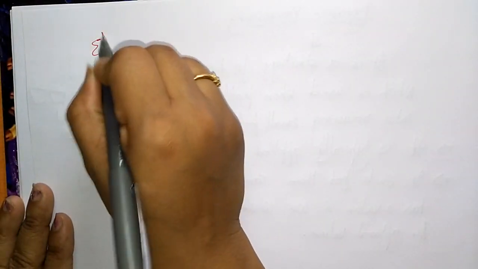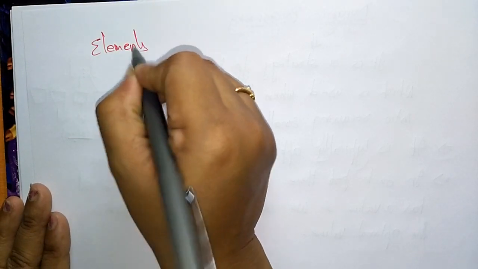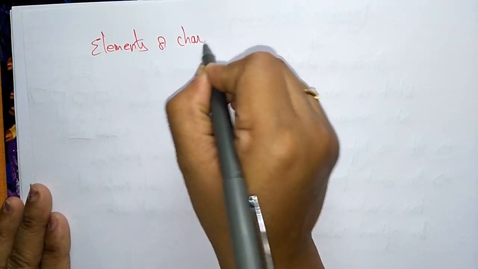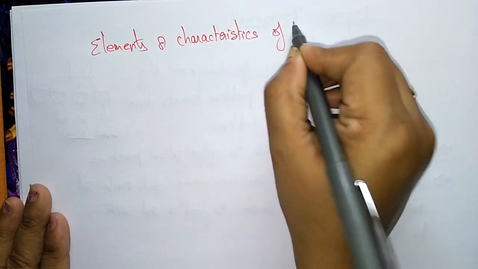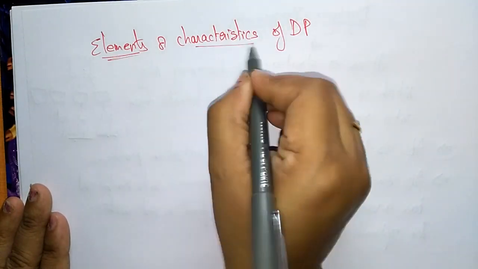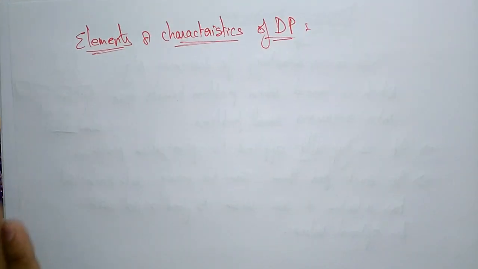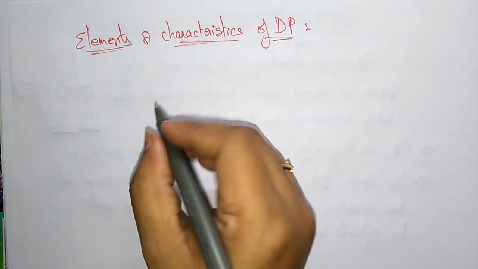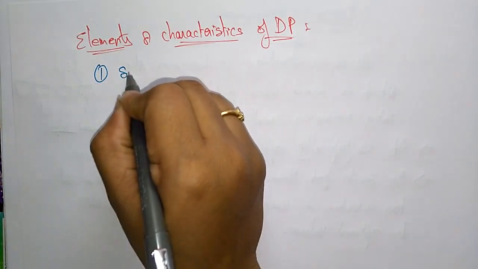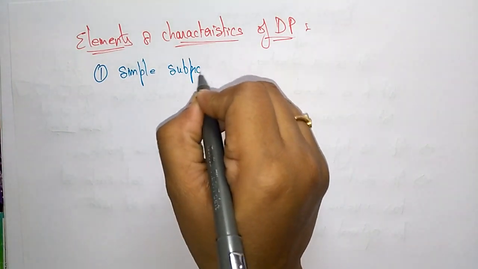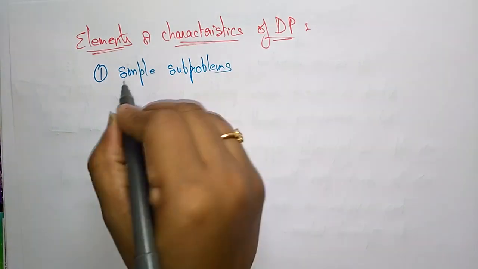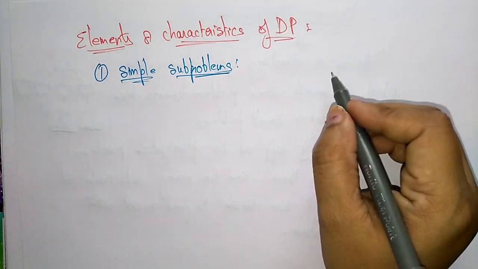Now let us see the elements or characteristics of dynamic programming. DP means dynamic programming. The first characteristic is simple subproblems.